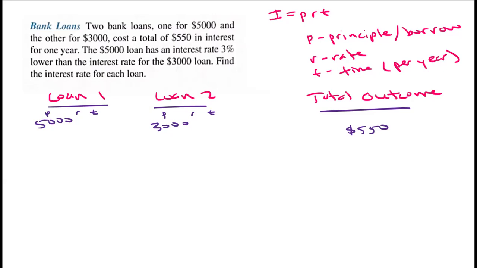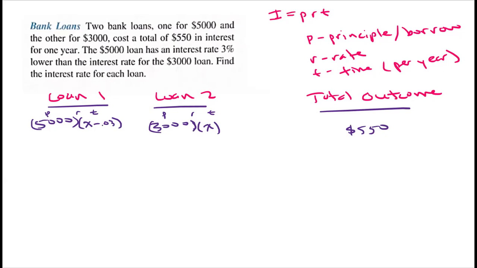Okay, so in this case, we're going to have 5,000, and then this is going to be 3% lower. I don't know what that is, so it's going to be x minus 0.03. And then this one would be x, because we're comparing the rate to loan 2. And I don't know what that is, so we're going to say that's x.